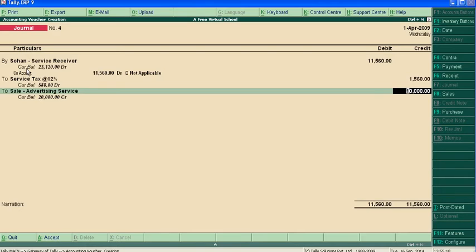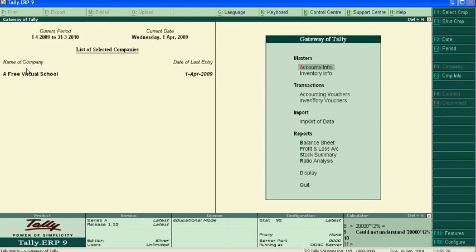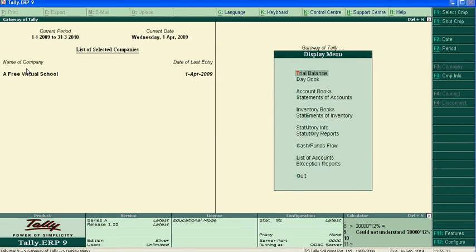It means the Sohan service receiver account debit, meaning debtor account debit, service tax account credit, sales account credit. Okay, so these are the voucher entries.